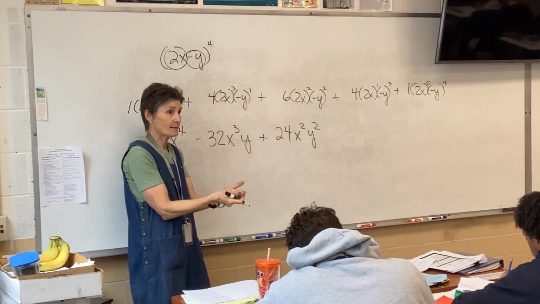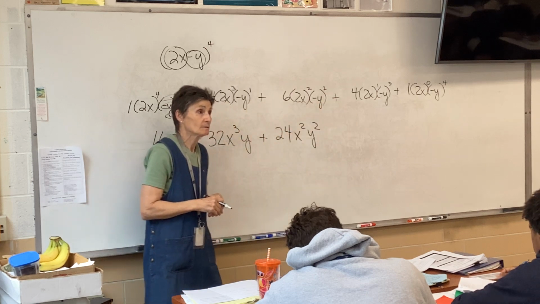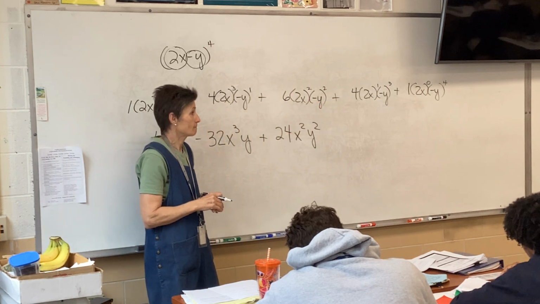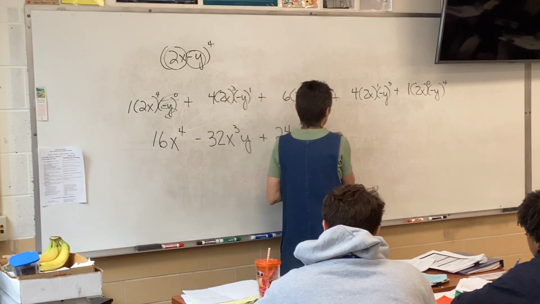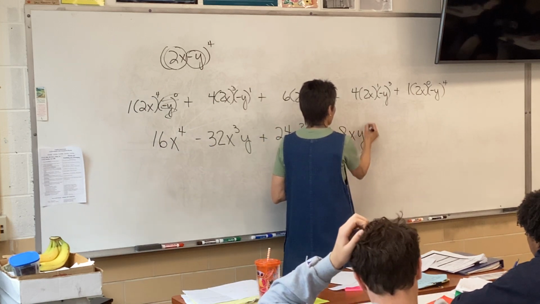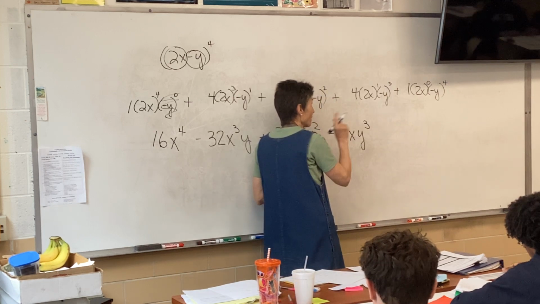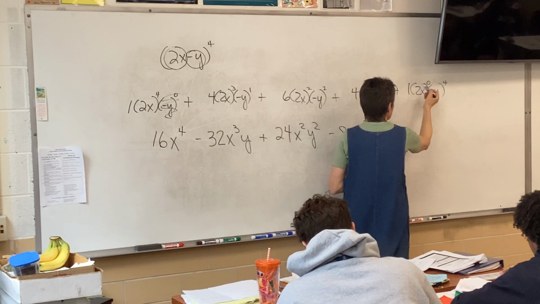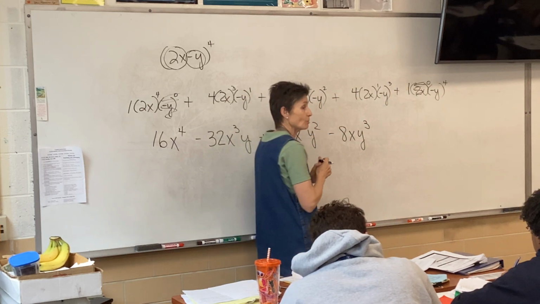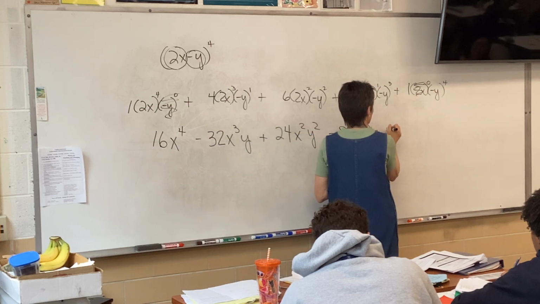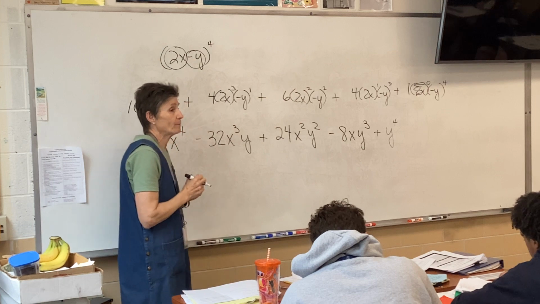And it's positive because you had negative 1 squared. All right, what's next? Minus 8xy cubed. We're getting the hang of it, perfect. And then again, remember on the end, anything to the 0 is 1, so don't let that confuse you. Your last term is just y to the 4th. Yep, done. And there's your expansion.